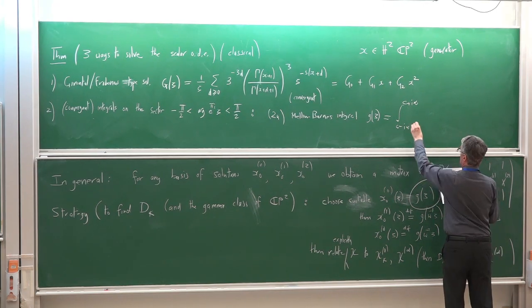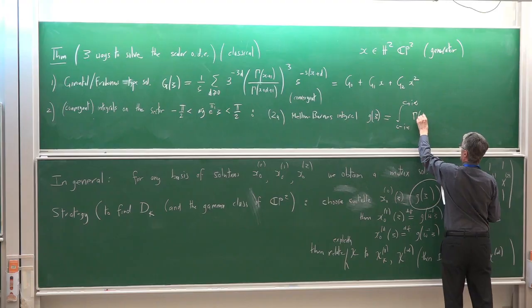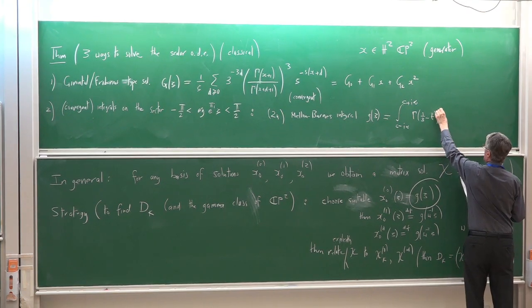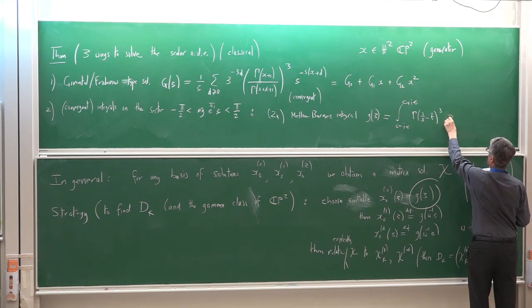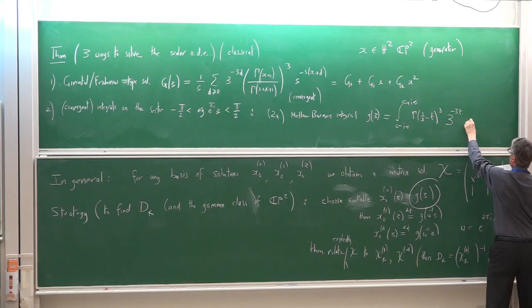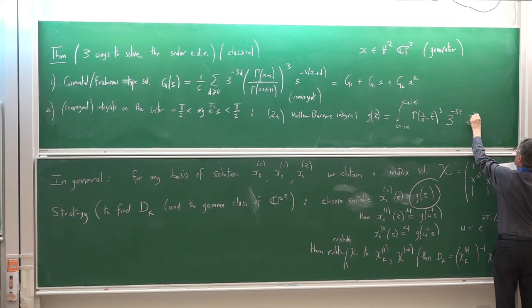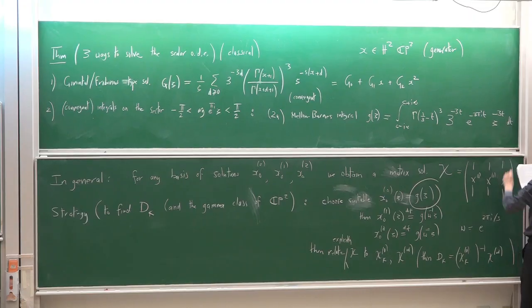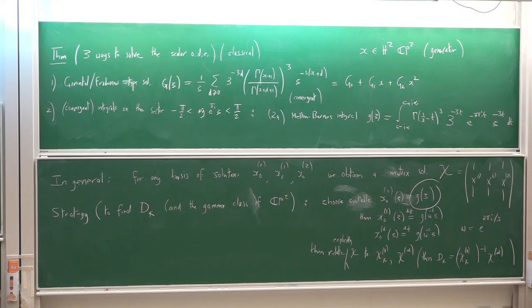The contour integral of gamma cubed 3 to the minus 3t e to the minus 3 pi i t and zeta to the minus 3t dt. t is my kind of generic variable.